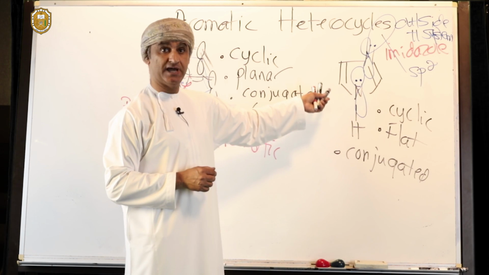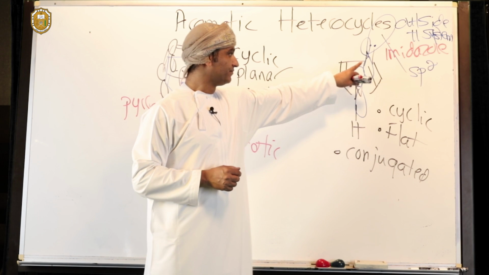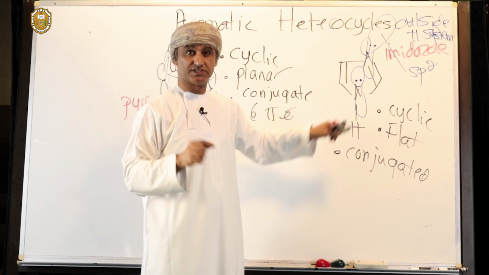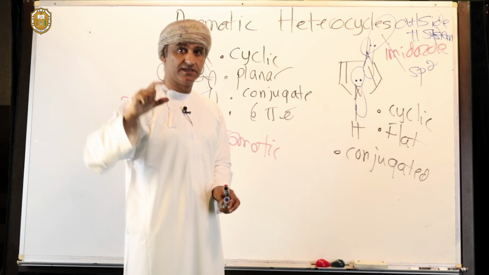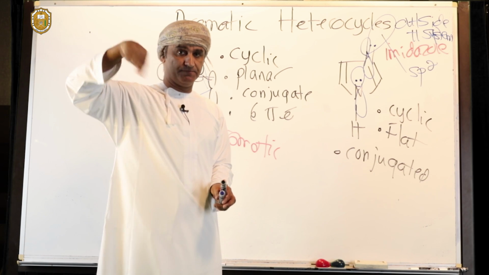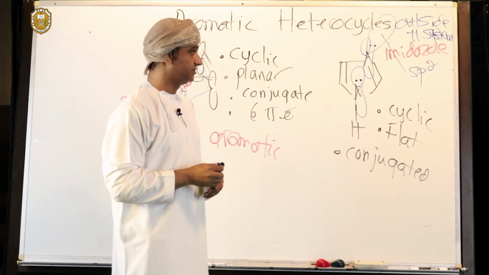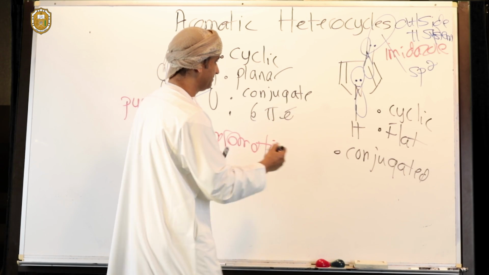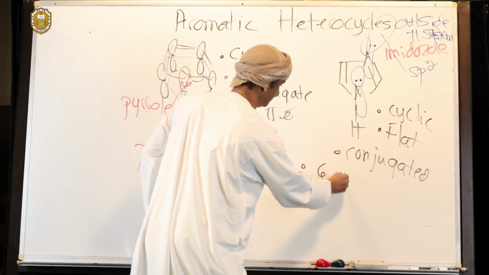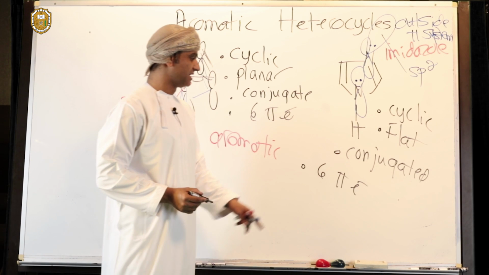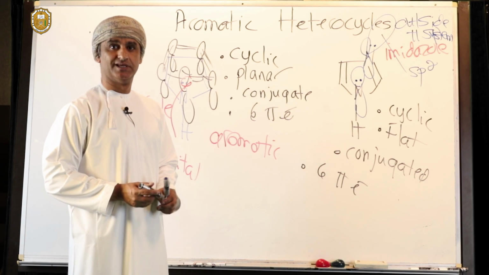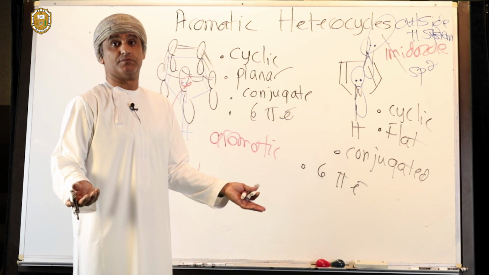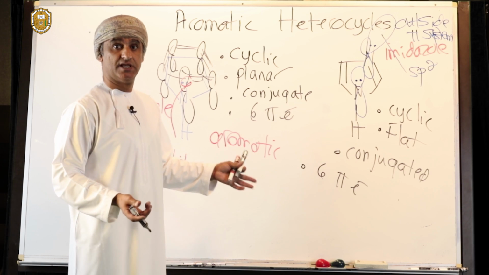Now, the number of pi electrons: 2 here, 2 there, that's 4, plus 2, because remember these 2 electrons are in a p orbital, so they participate in the cyclic conjugation. Therefore, there are 6 pi electrons in imidazole. If it is 6 pi electrons, it's 4n plus 2, the Huckel rule, just like pyridine, just like pyrrole.